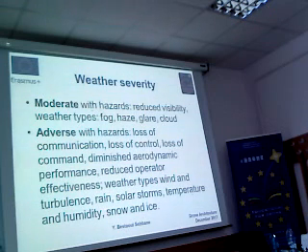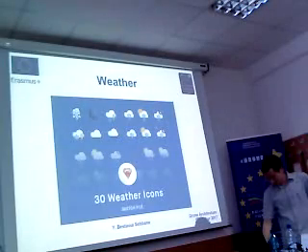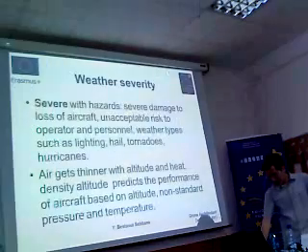We have to really take care about the rain and the storm, because if our drone goes into the storm, in most situations we will lose it, because we cannot control it anymore. Okay, so these are the various icons, and you can check them on the internet.